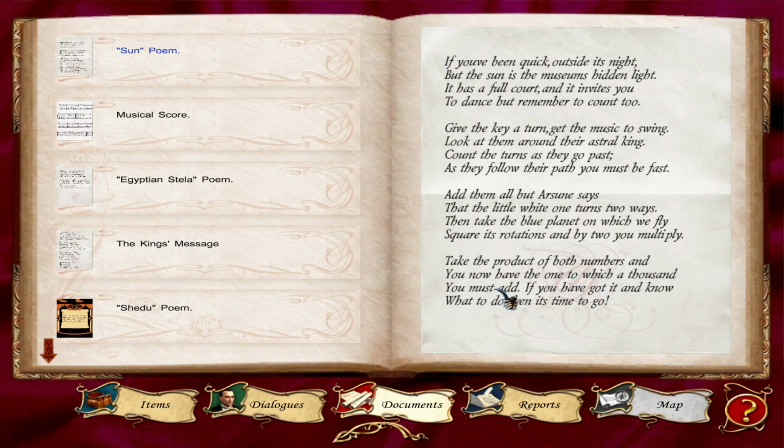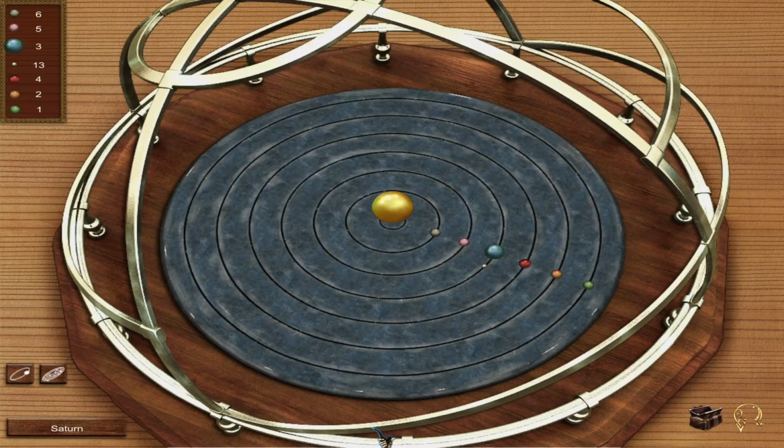Oh, 1,000 must add, so it's not move. So hold on, give me a second. So 37 times 18 is... 1 second, and it is 666. Okay, and then add 1,000 to that is 1666. Okay, I'm assuming we have to take that to the library then?